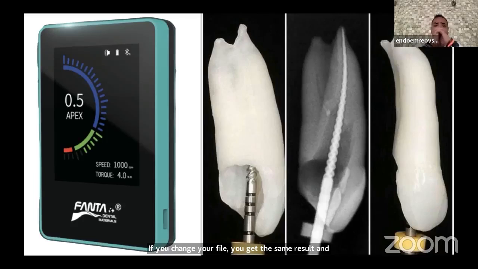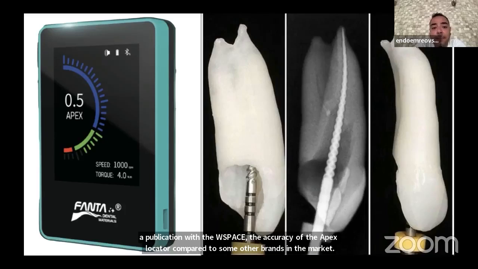So basically, we upgraded the chip to the latest level, but the company made it at an affordable price to calculate all the results. We will also have a publication with the Vispax, on the accuracy of the apex locator compared to some other brands in the market. Believe me, it has very accurate results, and accuracy is the most important part for an apex locator.